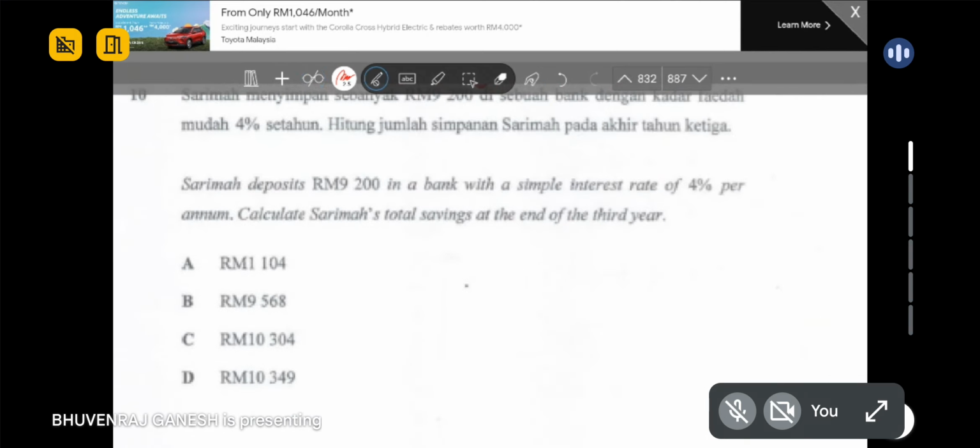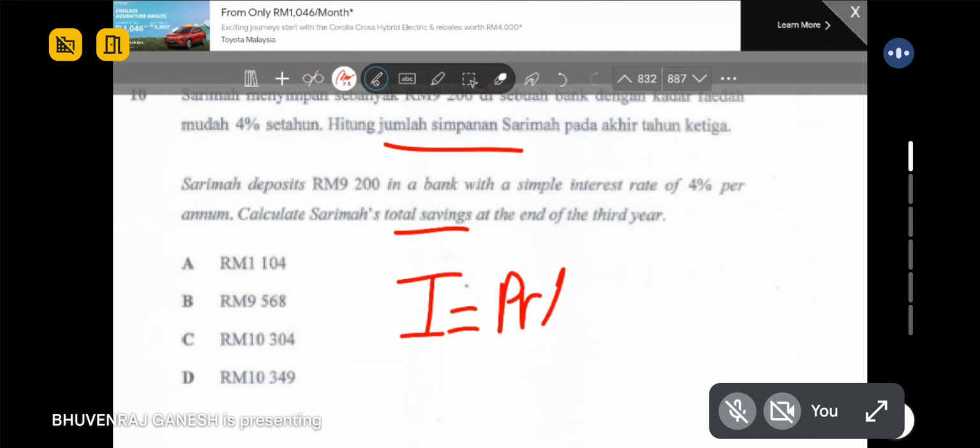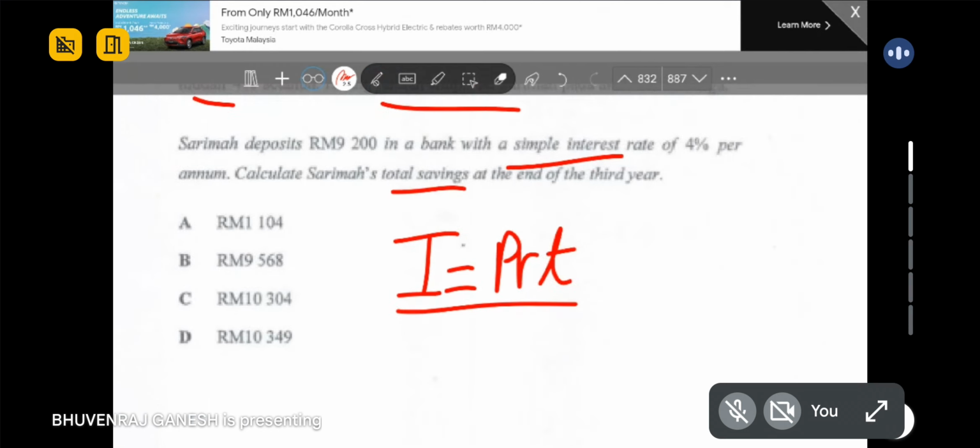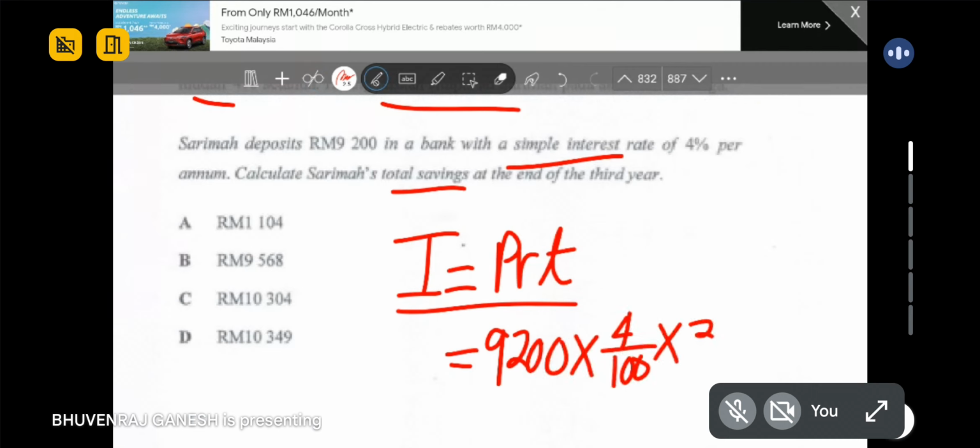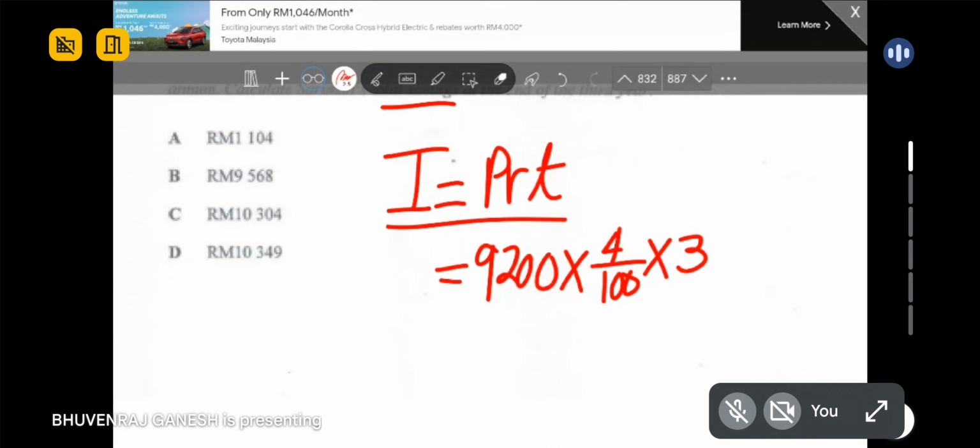Question 10. Yang ke-10, total saving. Jumlah simpanan. Okay, so this one I equal PRT lah guys. Simple interest. Faedah mudah. Ini rumus dia. Okay, so P is equal to 9200, R 4%. T third year. Tahun ketiga. Okay, so T is equal to 3. So jawapan dia apa? 9200 times 4 times 3 over 100. 1104.